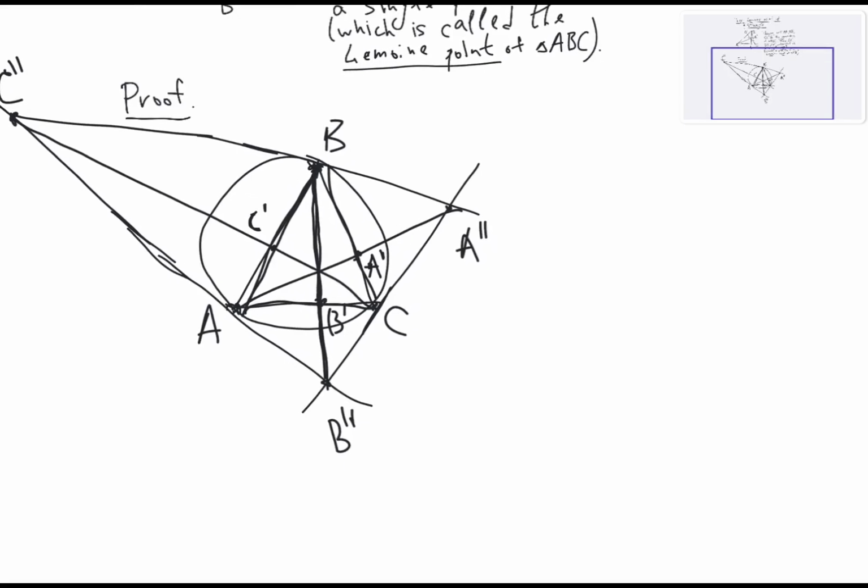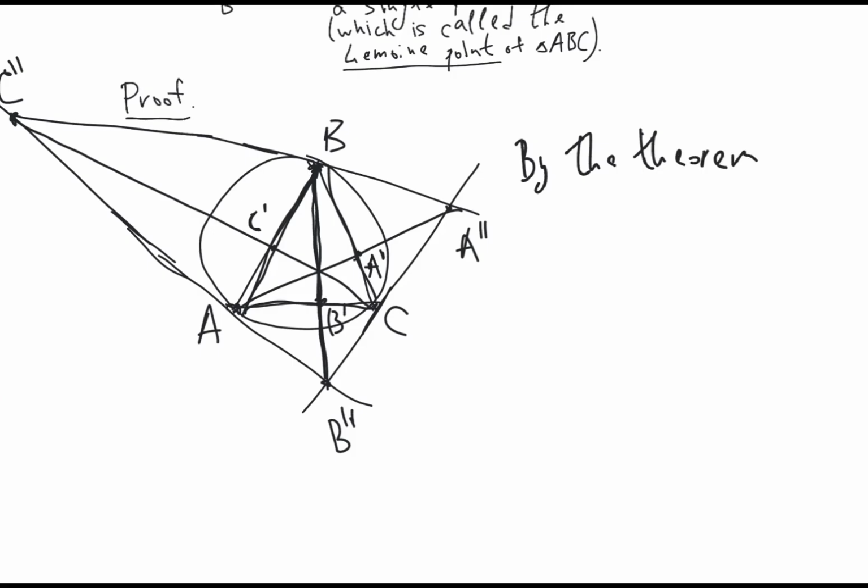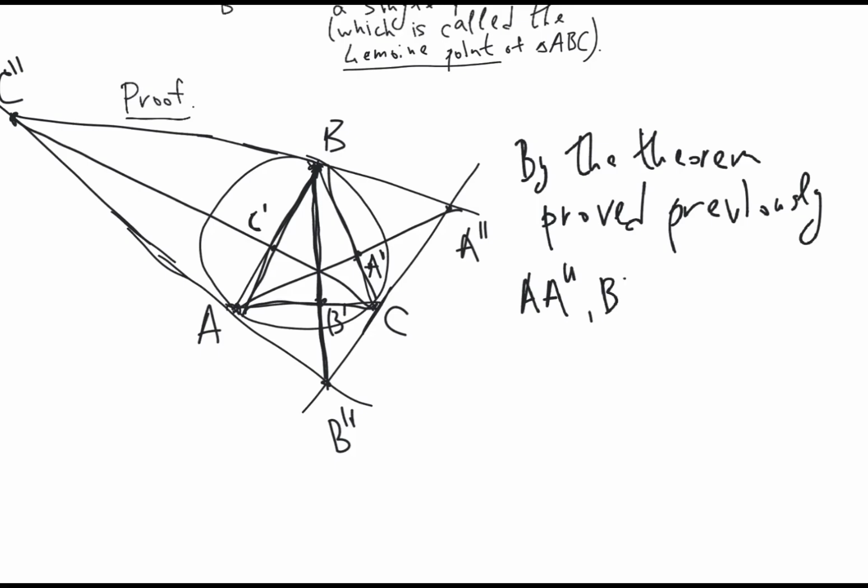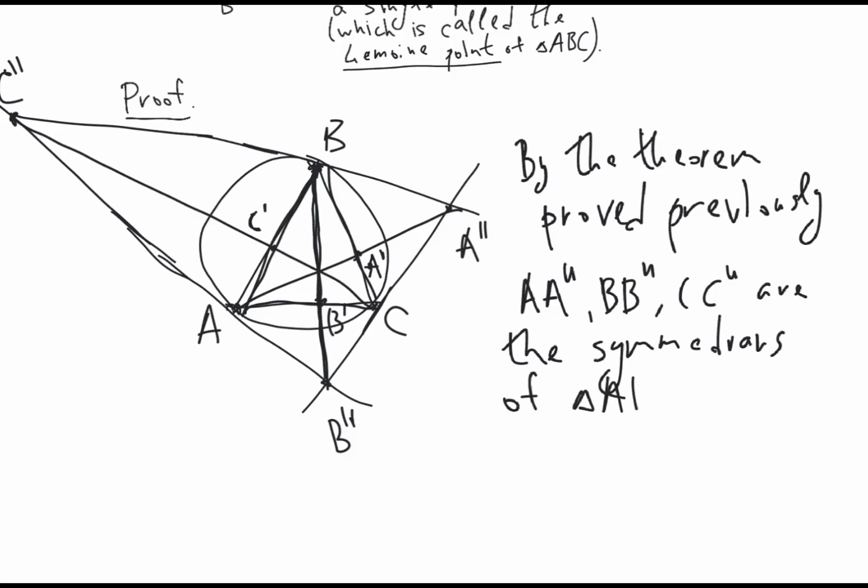So let's write this. By the theorem proved previously in the previous video, A2 prime, B2 prime, and C2 prime are the symmedians of the triangle ABC.